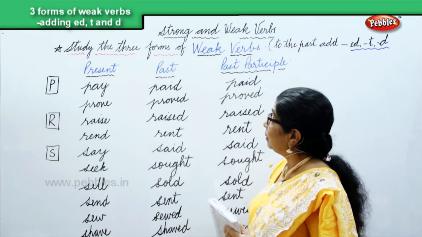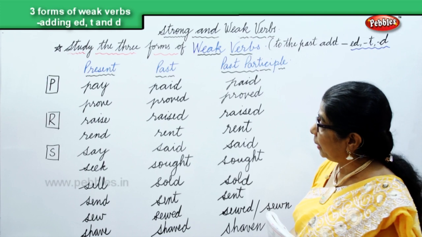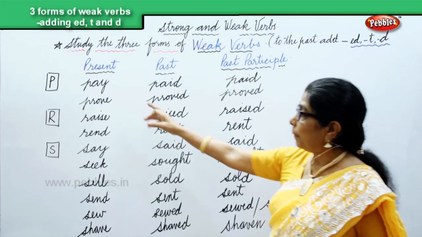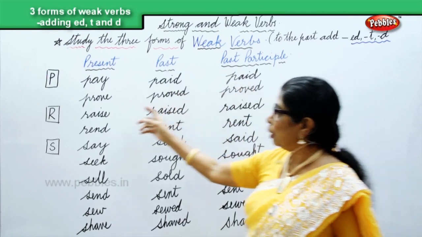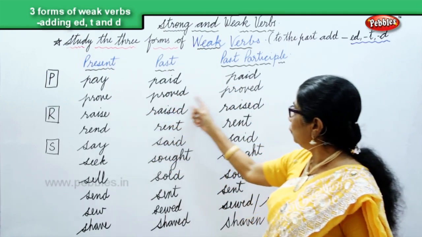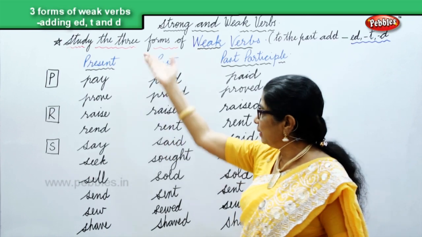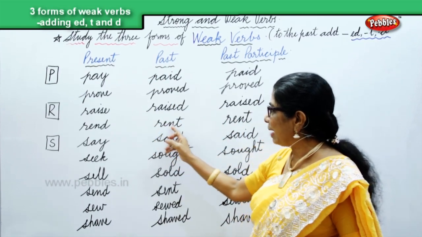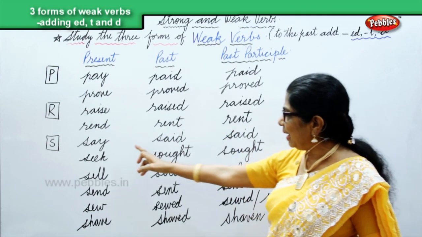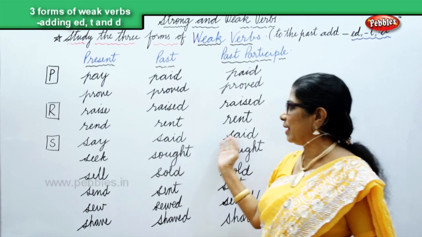Now, let's look at the weak verbs in P, R and S. Pay, paid, paid. Prove, proved, proved. Raise, raised, raised. Rend, rent, rent. Say, said, said.